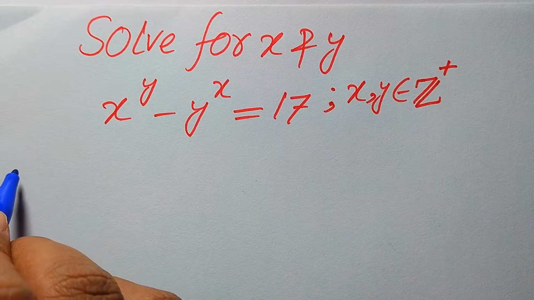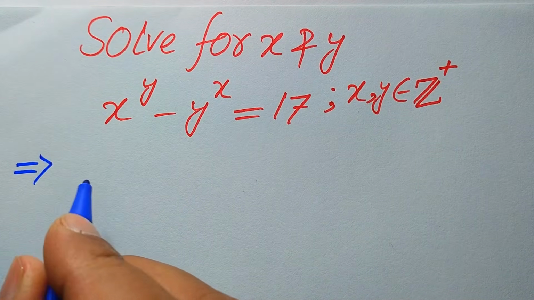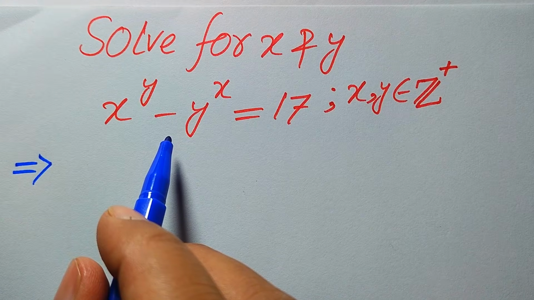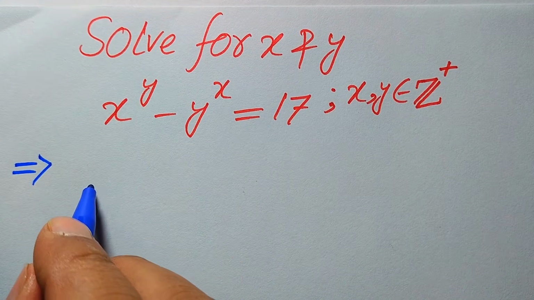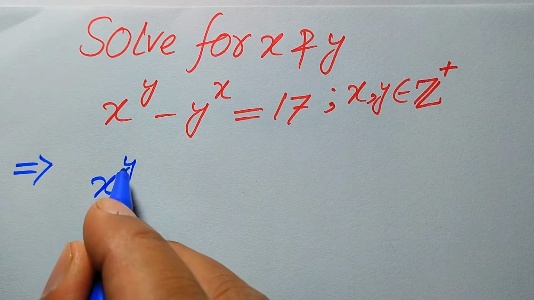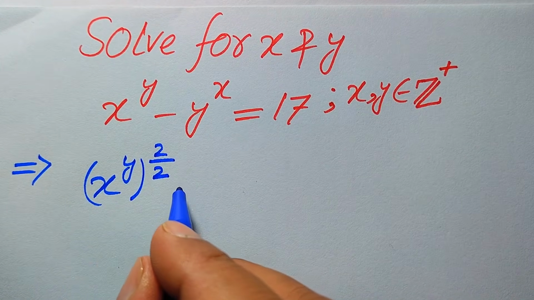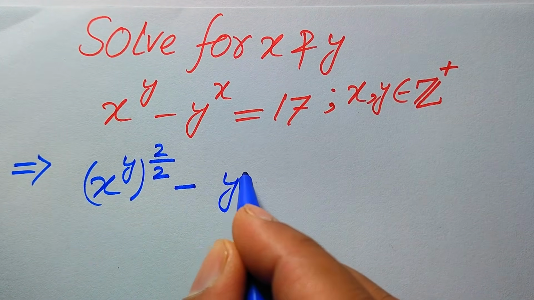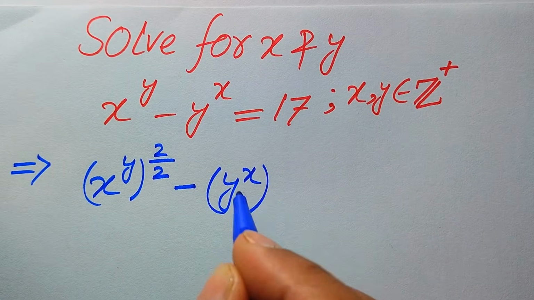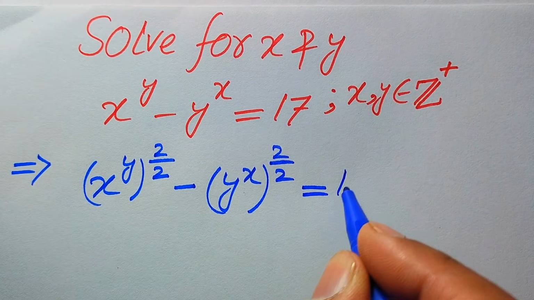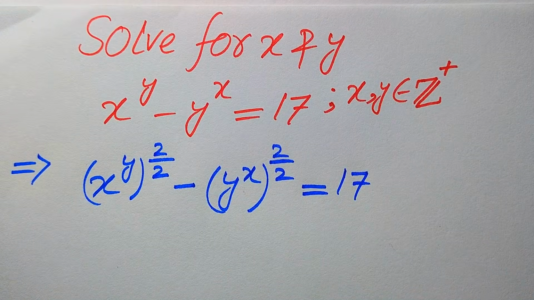So the very first thing we are going to do is multiply and divide the exponent of both of these two terms by 2, and it will be written as x to the power of y, and its whole power is 2 divided by 2, and minus, in the same pattern, we multiply the exponent of this term by 2 over 2, and this whole equation is equal to 17.